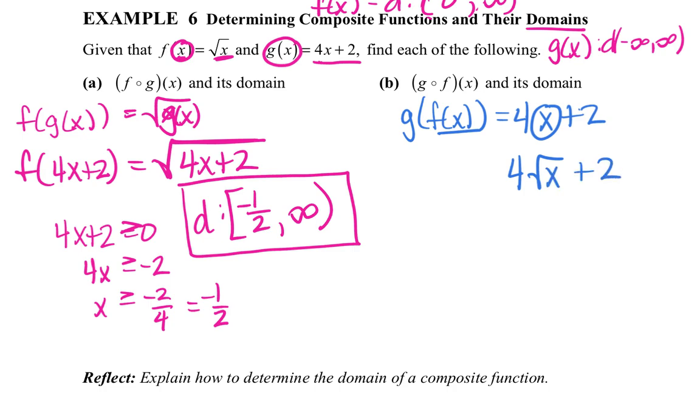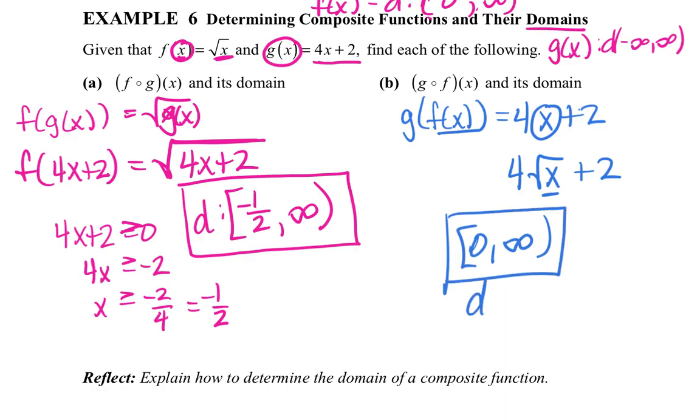So now, in this particular function, it can be 0, but it can't be less than 0. So 0 to infinity is your domain. Because if x is 0, then the square root of 0 is 0. 4 times 0 is 0. 0 plus 2 is 2. So it works. You just can't use anything less.